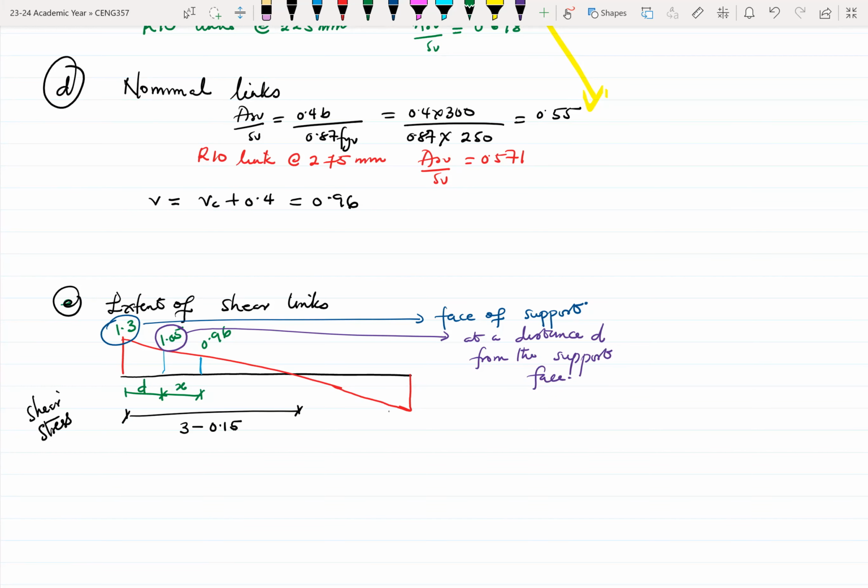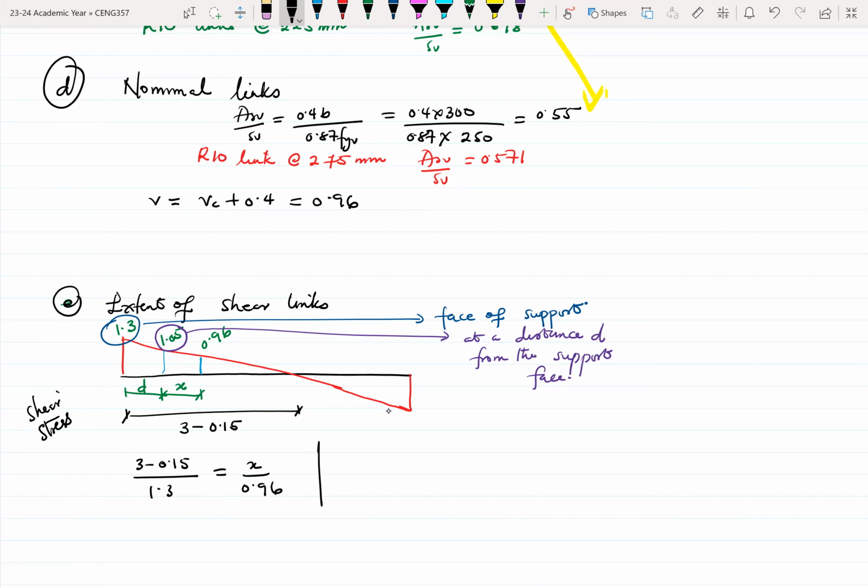All right, so quickly, using the principle of similar triangles, it means that 3 minus 0.15 is to 1.3, whilst x is to 0.96, right?